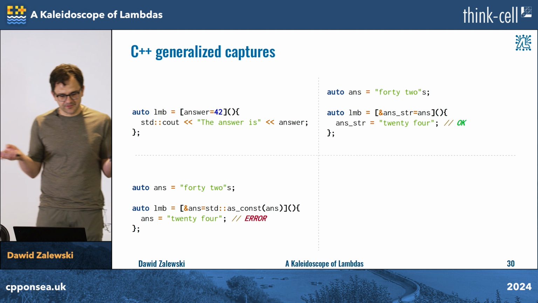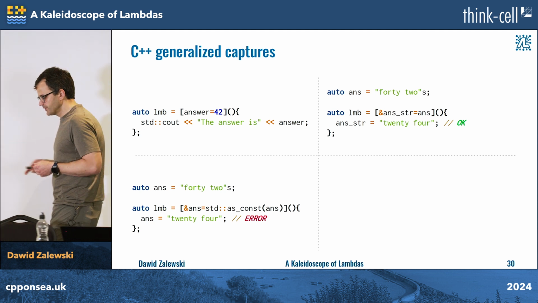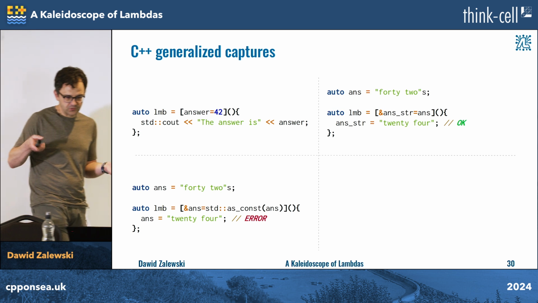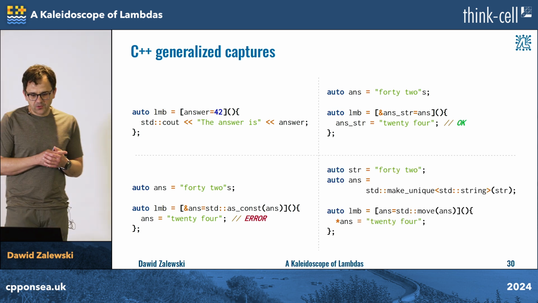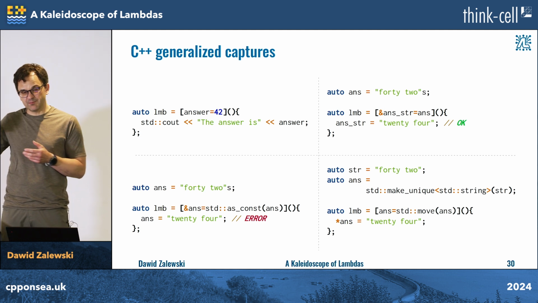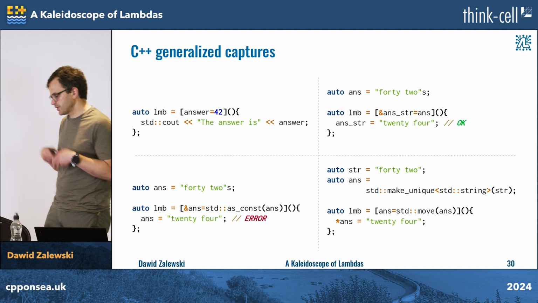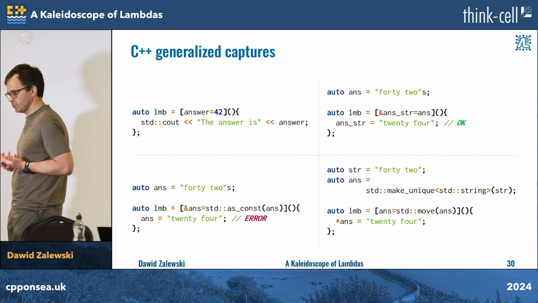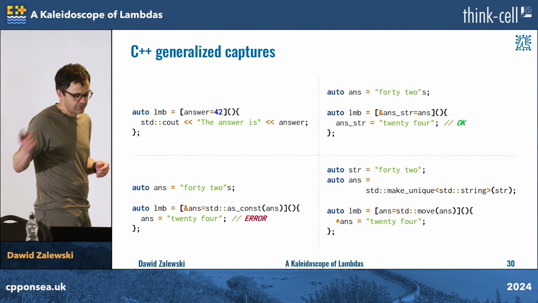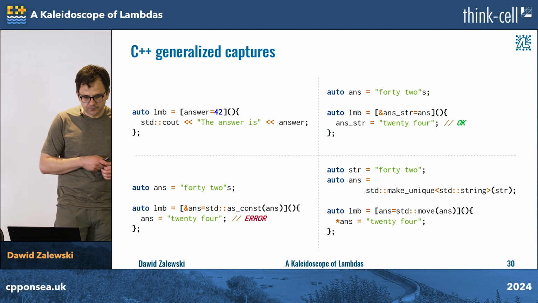So you can make things constant that weren't constant before, just by casting the initializer to a constant. Or finally, and last but not least, you can capture move-only objects by simply moving them into the lambda. So your lambdas will now be able to hold an object inside them by doing a move construction of it.